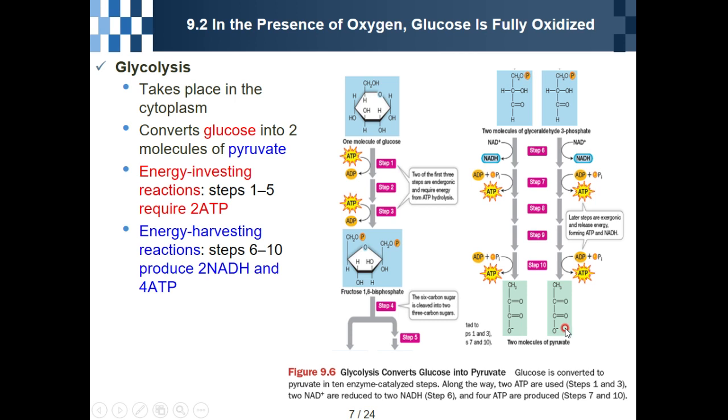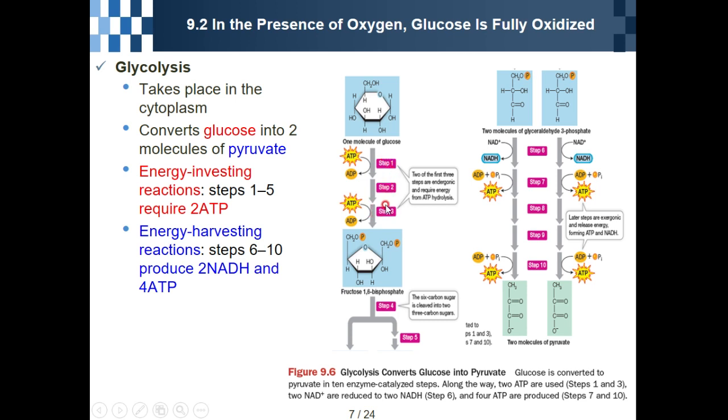They are composed of the energy investing reaction and also the energy harvesting reaction. From step 1 to step 5, we call it the energy investing reaction. During step 1, ATP is used, and also in step 3, ATP is used. Glucose is changed to glucose 6-phosphate.